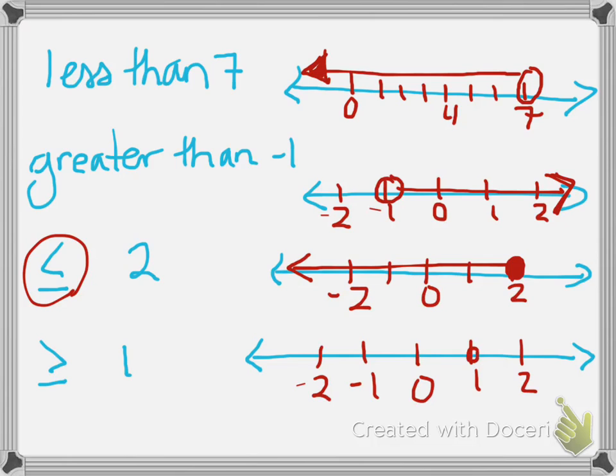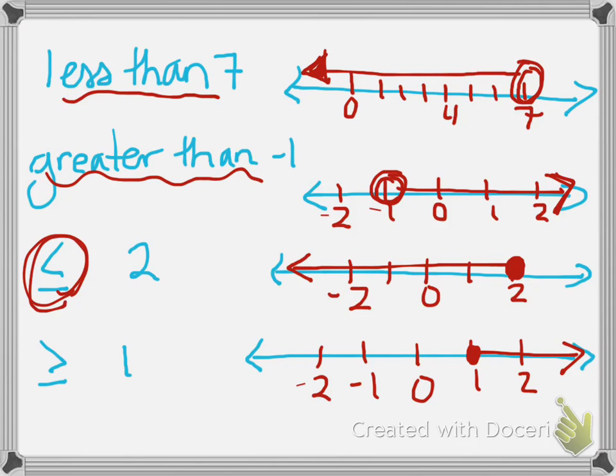Here's my 1. I can be 1, or I can be greater than 1. Okay, so hopefully you're seeing less than means open, greater than means open, less than or equal to is closed, greater than or equal to is closed.